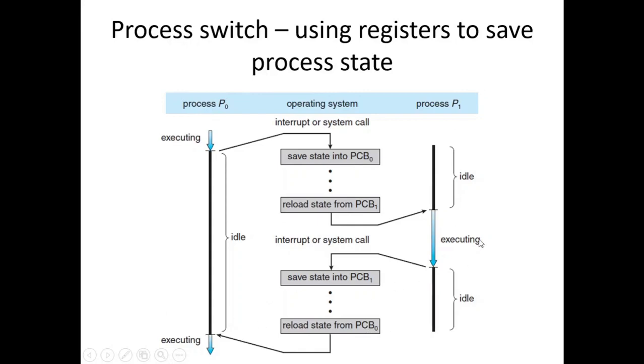At that time, P1 will be idle. So what we are trying to see in this diagram is that there can be only one process running, and the other processes might be either waiting or in their ready states.